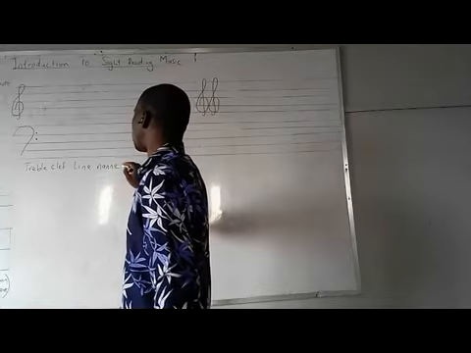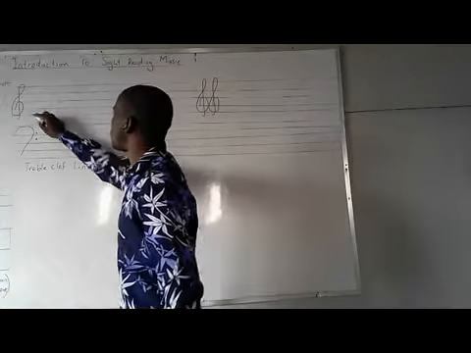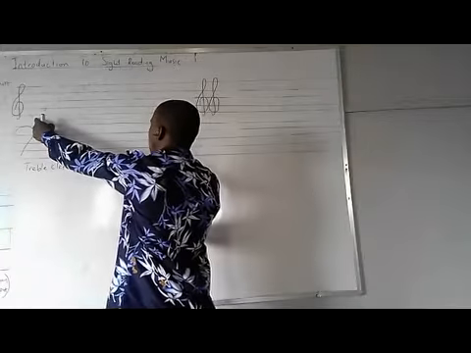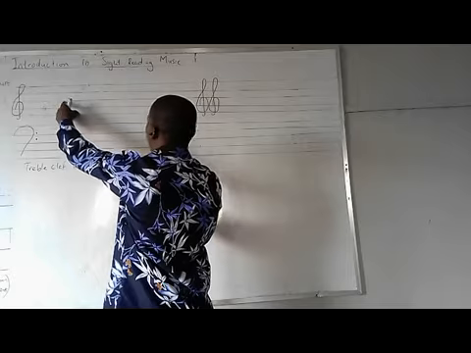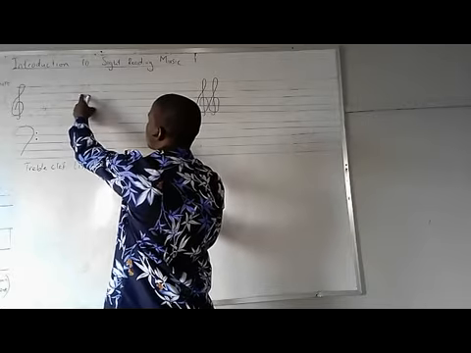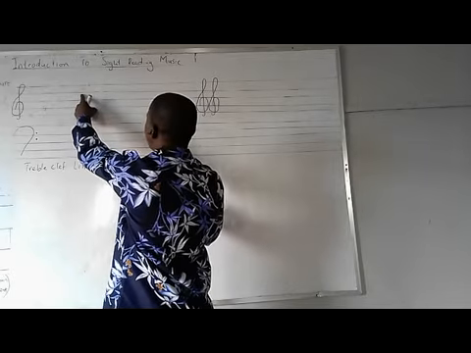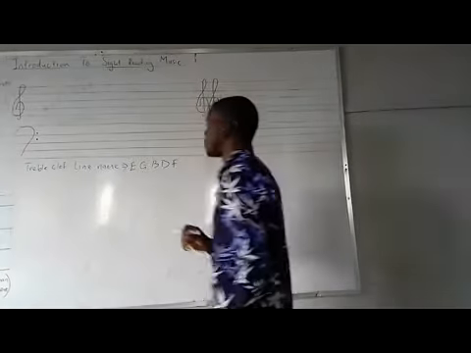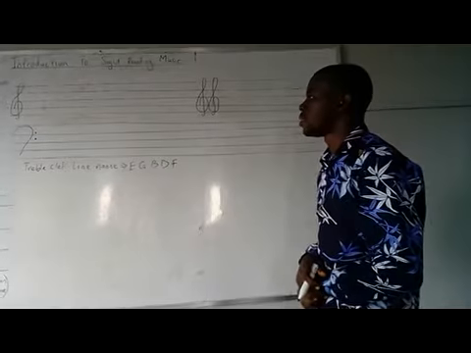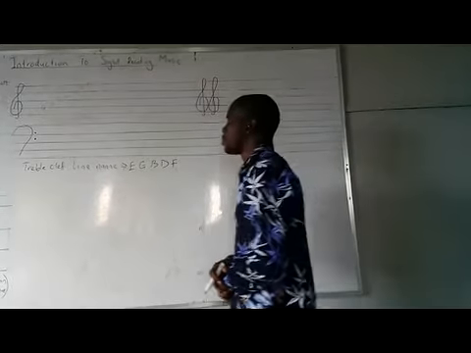Treble clef line names: E, G, B, D, F. That is the treble clef line name.